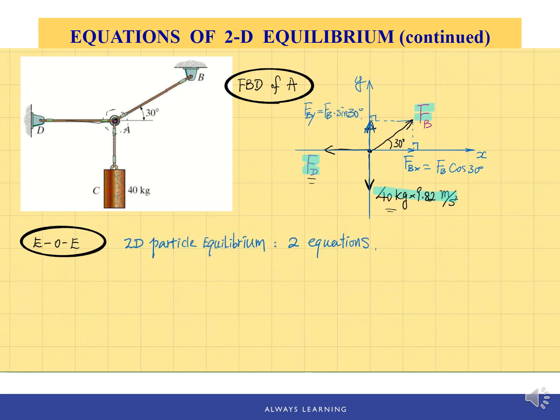Now we can write down the equations. Keep in mind that for a 2D particle equilibrium problem, we can write down two independent equations: sum of Fx equal to 0 and sum of Fy equal to 0. Sometimes you can specify the positive direction of those components.